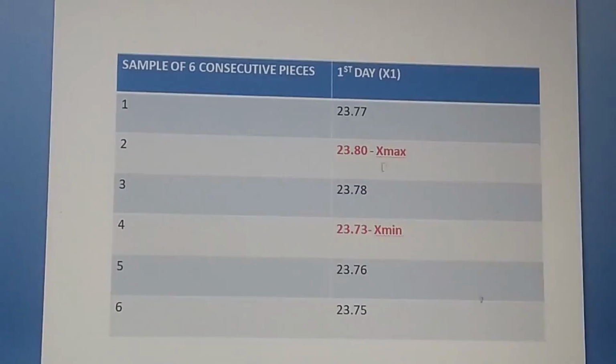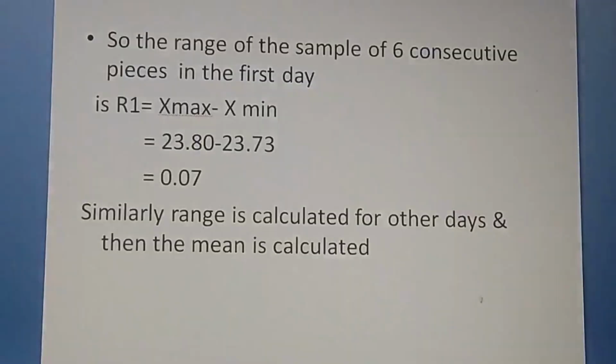I have highlighted these in red. 23.80 is the maximum diameter of the samples collected, and 23.73 is the minimum. So the range is the maximum reading minus the minimum reading from the 6 samples: 23.80 minus 23.73 is equal to 0.07.